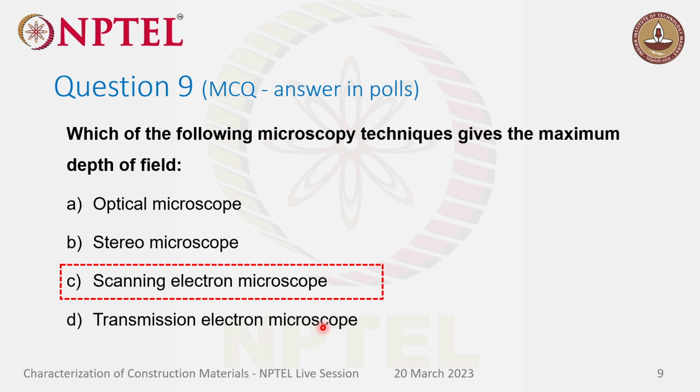We prepare thin samples out of the sample of interest, then pass the electron beam through the sample. After absorbance, whatever is transmitted further, we study that for understanding the sample. The depth of field of TEM is very low compared to SEM, and out of all these techniques, scanning electron microscope has maximum depth of field.